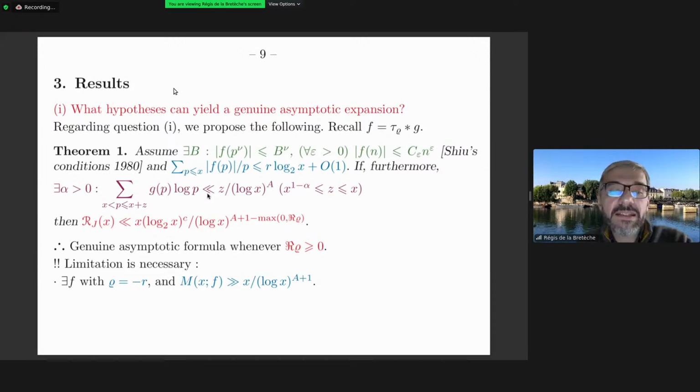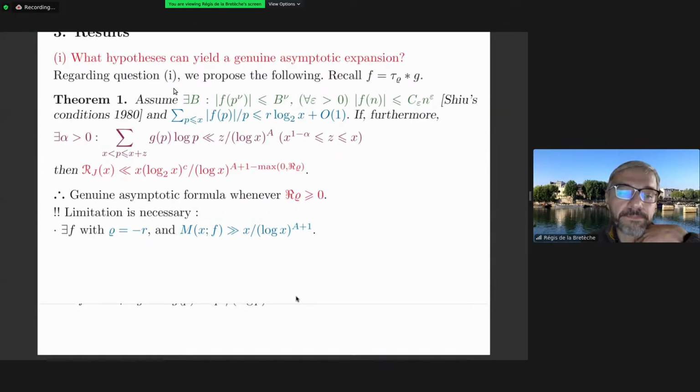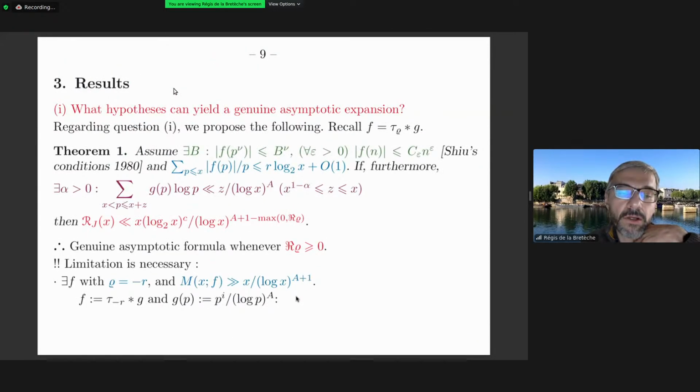So it dominates x over log x power rho minus 1. And this means that in fact we need this kind of error term. We need an error term larger than x over log x power A plus 1. Okay, so I give our counterexample.